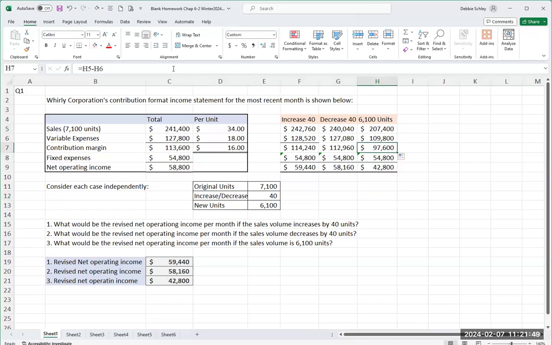And then I subtract, right? Sales minus variable expenses equals contribution margin. My fixed expenses are the same. Contribution margin minus fixed expenses equals the net operating income. So there's my answer to number 3. That is all on that one.